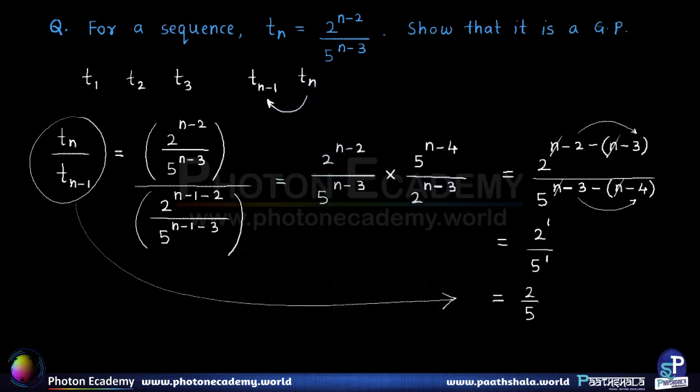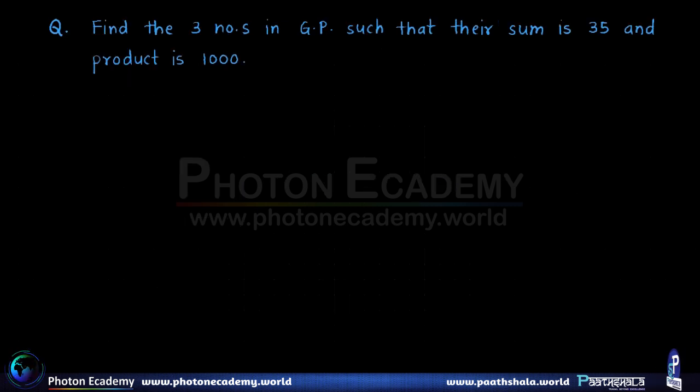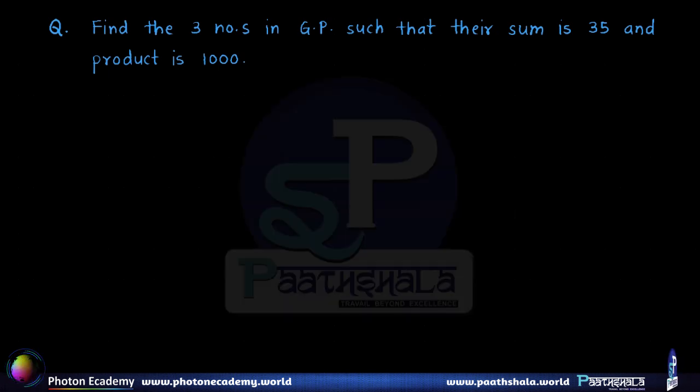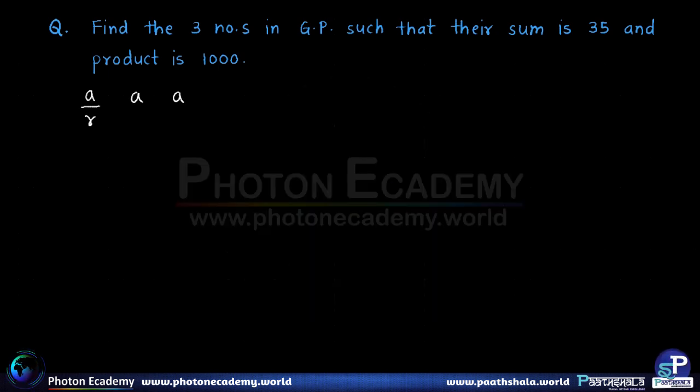Now let's go ahead to the next sum. Find the three numbers in GP such that their sum is 35 and product is 1000. Now we have seen how to assume the three numbers which are in AP, and since we are given the product of those three numbers, it will be good to assume the three numbers as A upon R, A and AR.